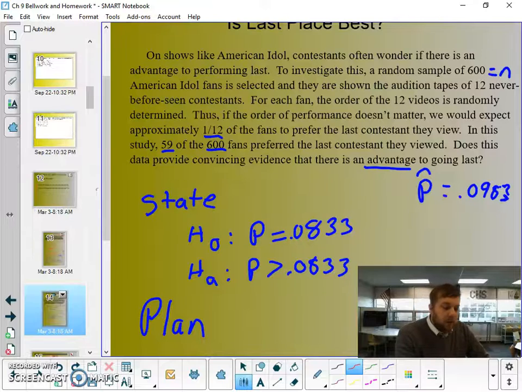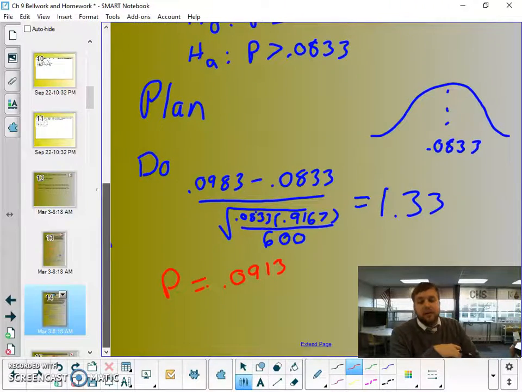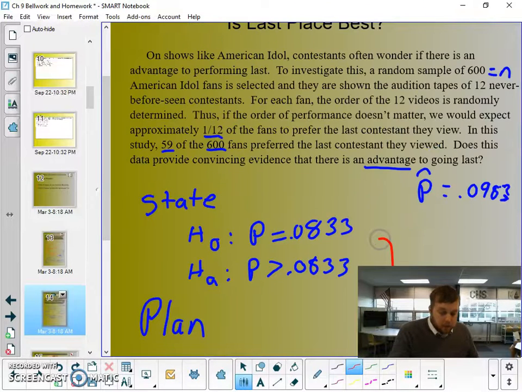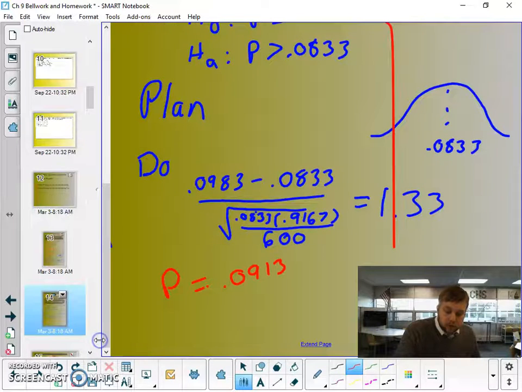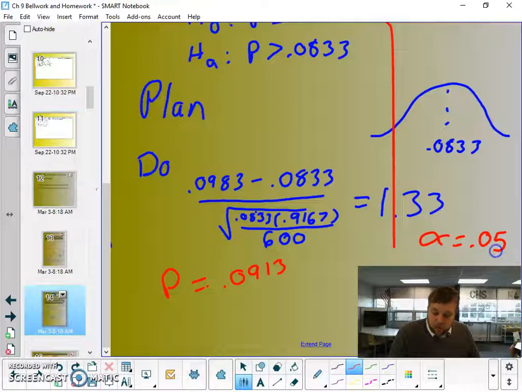I don't see anywhere where I'm drawing the line. If they don't tell me where I'm drawing the line, what is my number? I should probably use the good old faithful 5% as where I draw my line.